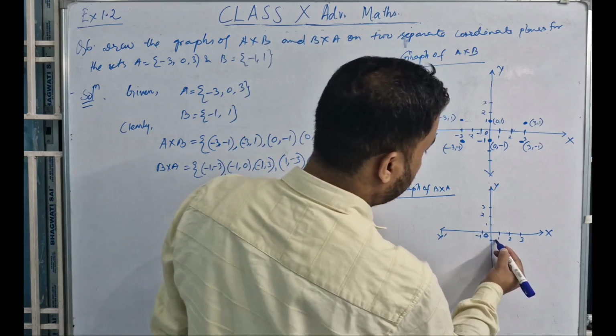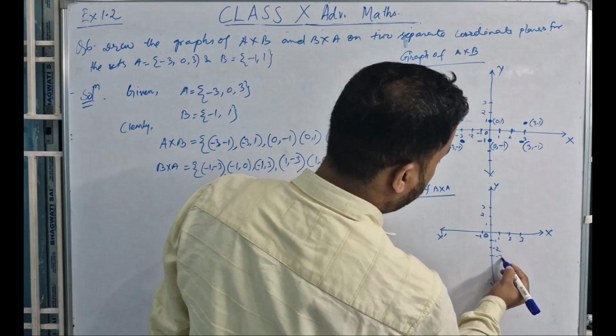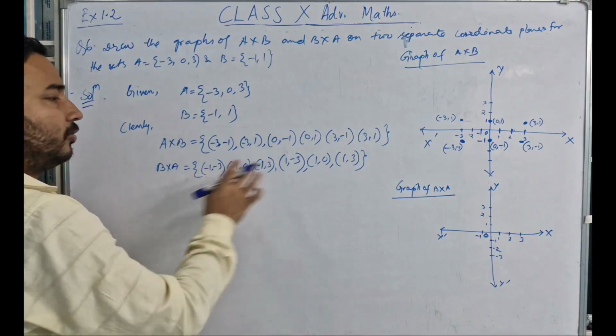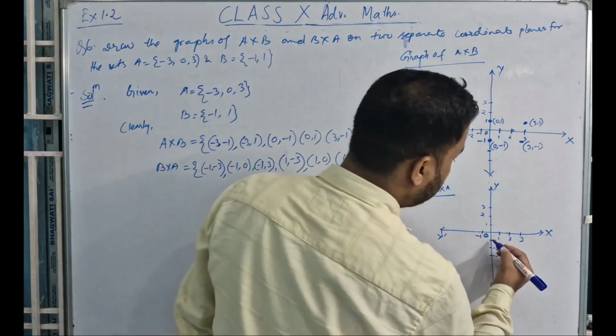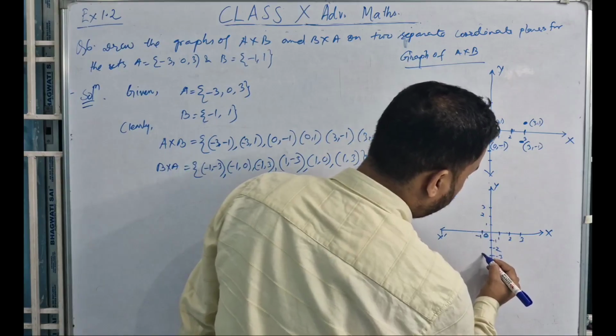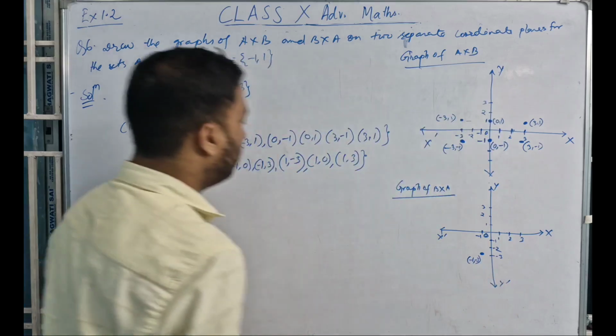And here you have minus 1, minus 2, minus 3. Now you just put these values. This coordinate should be put here. Minus 1, minus 3. This is the minus 1, minus 3 here. So this will be the point. Minus 1, minus 3. Okay.